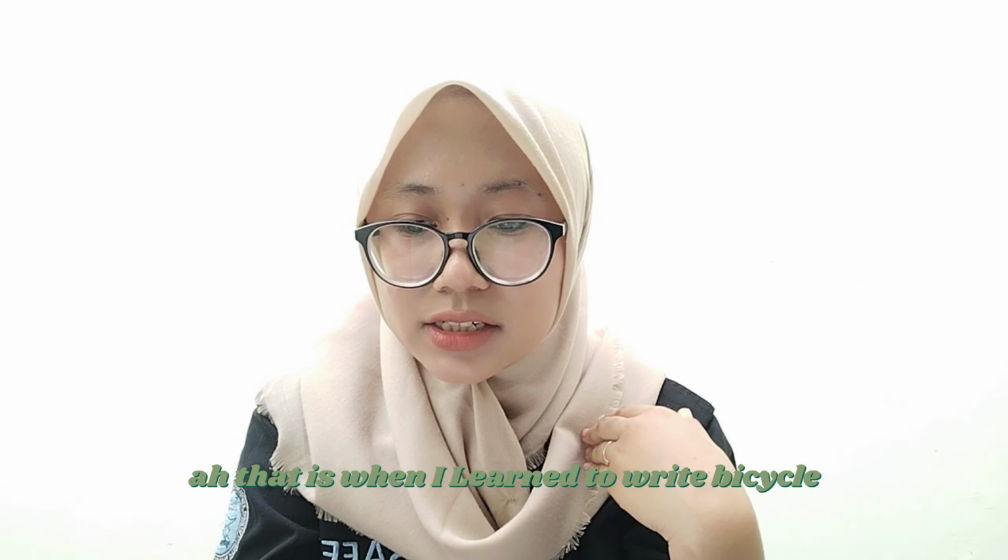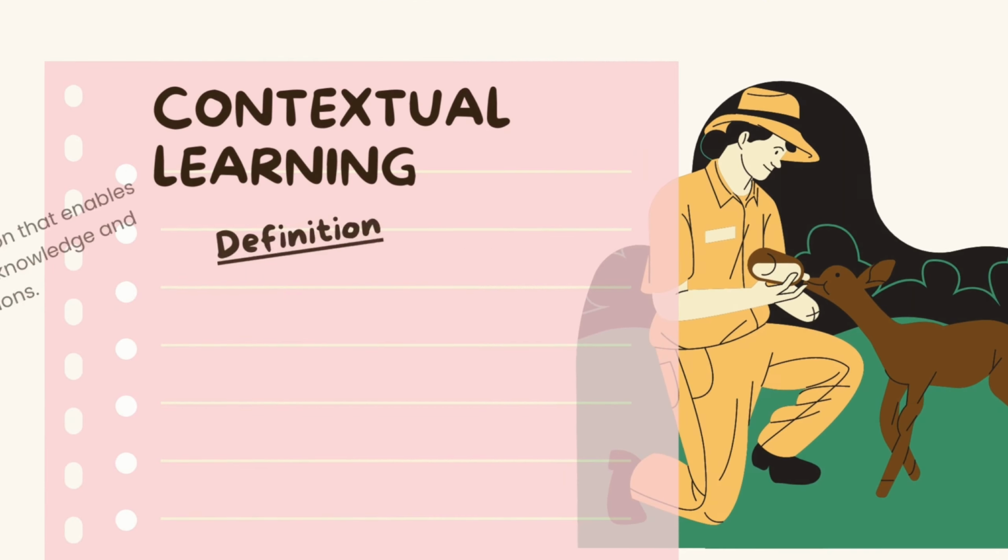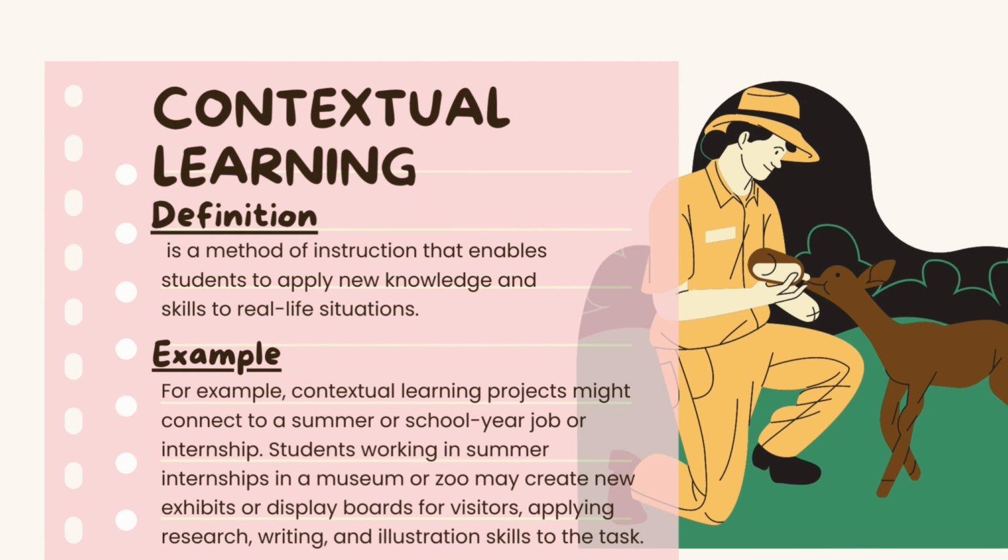And then contextual learning. So what is contextual learning? Contextual learning is a method of instruction that enables students to apply new knowledge and skills to real life situations. So examples of contextual learning are a project that might connect to a school year job maybe, or an internship if we are students.